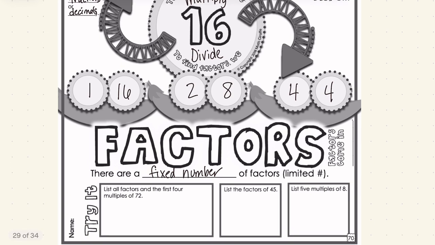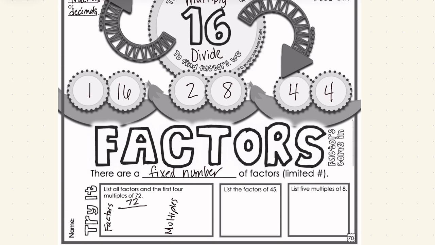So if we look at some examples, we're going to do factors and then we are going to do multiples. List all of the factors and the first 4 multiples. The easiest way to do factors is to write a T-chart.